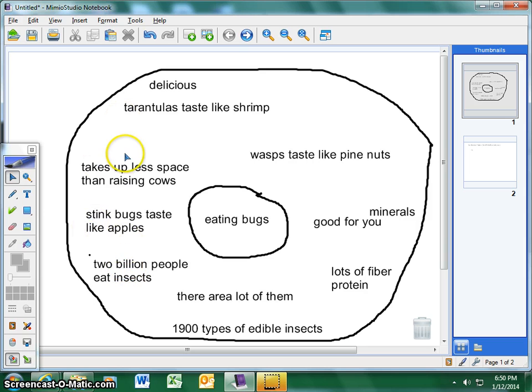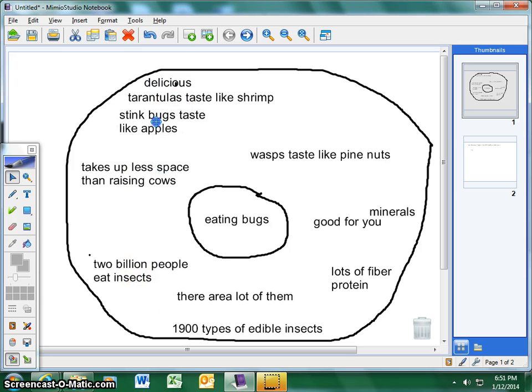But you can put little stars by things to help you sort of separate them. But I'm going to put delicious: tarantulas taste like shrimp, stink bugs taste like apples, wasps. Anything else about deliciousness?